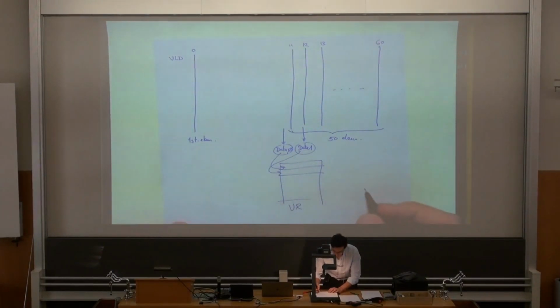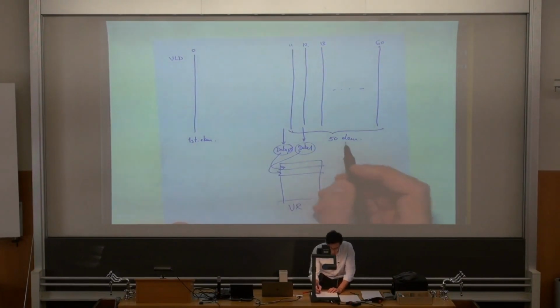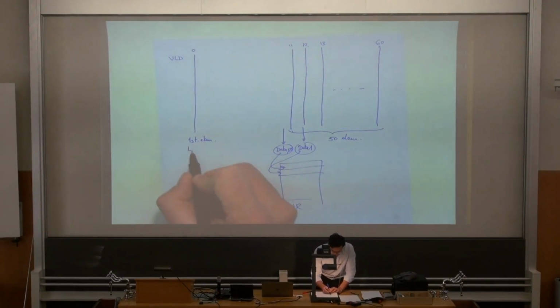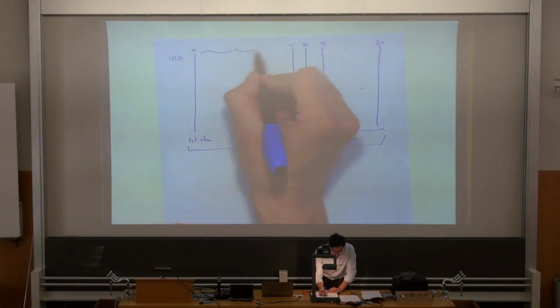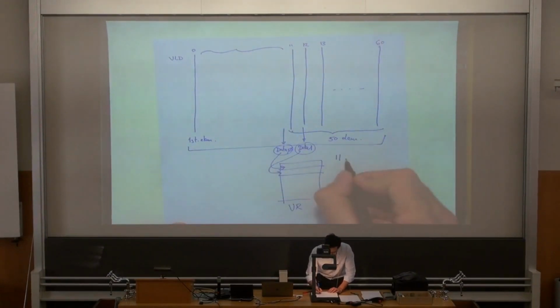The total latency of this vector load is 11, that is the bank access latency, plus vector length, 50, minus 1.